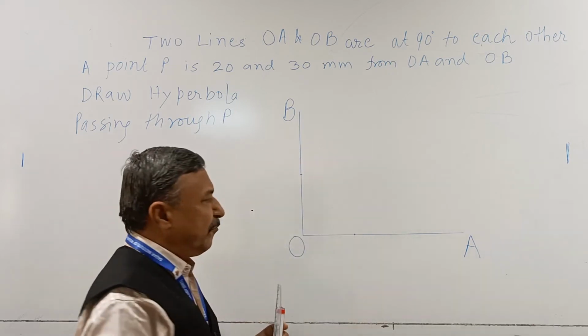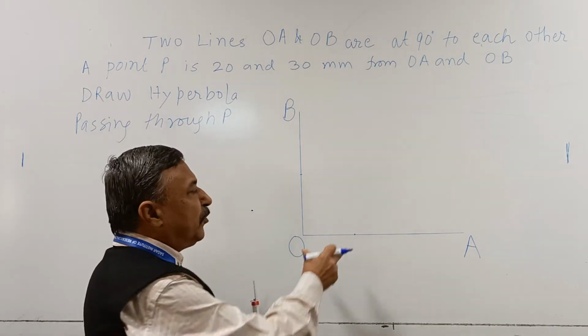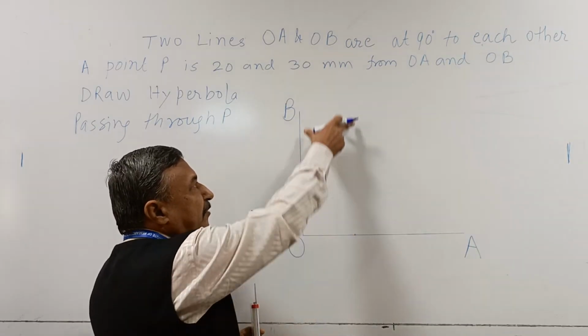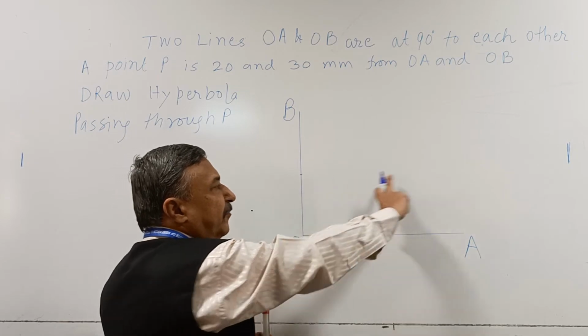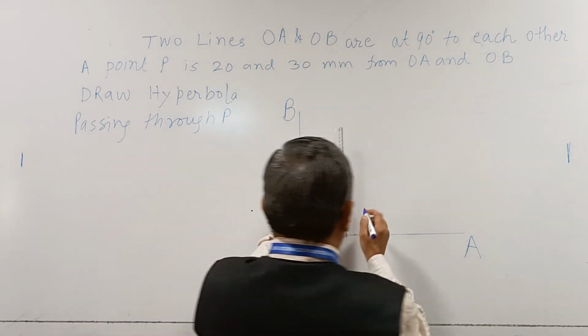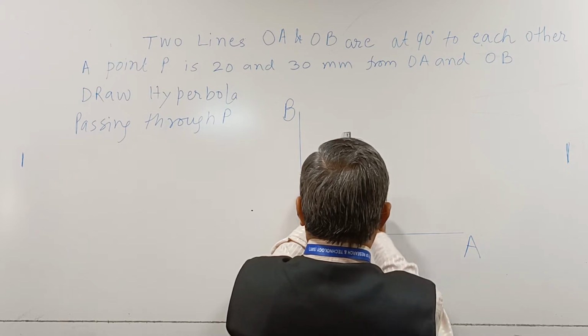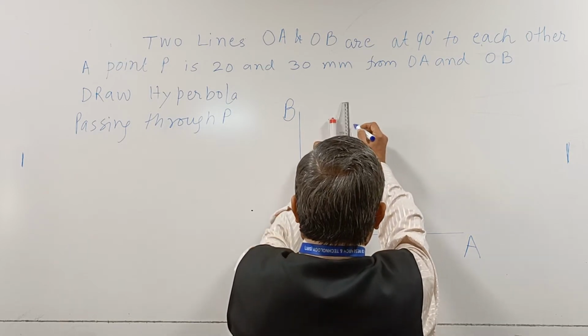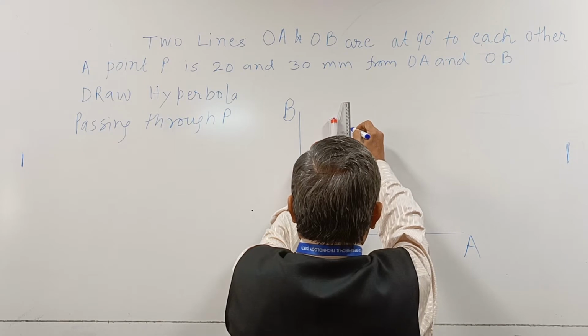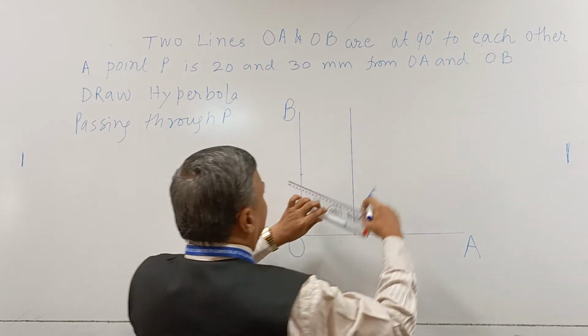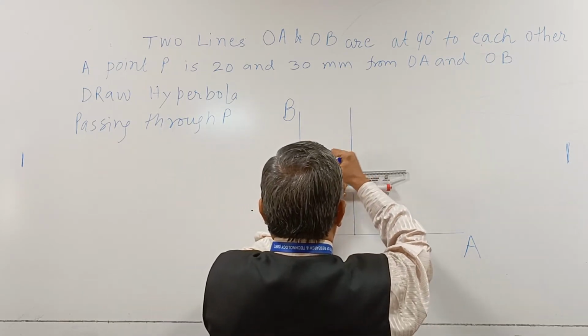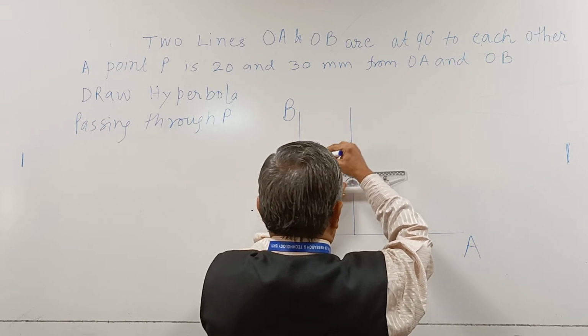Now draw two parallel lines, one from this and another from this, parallel to OA and parallel to OB. So this is a line parallel to OB and this is a line parallel to OA.